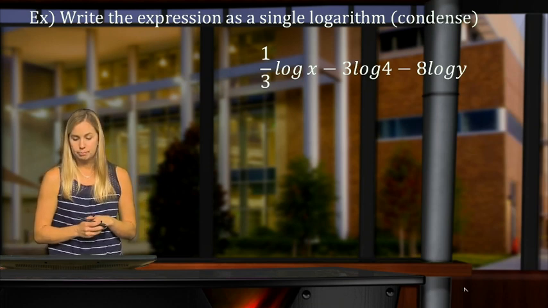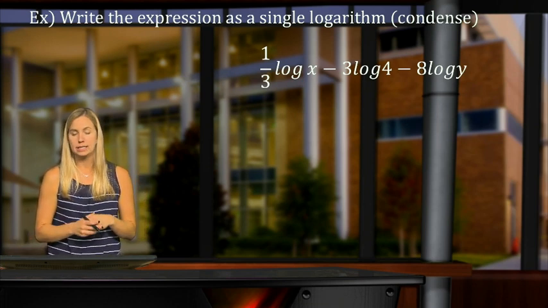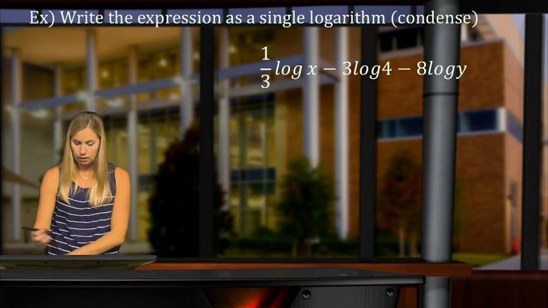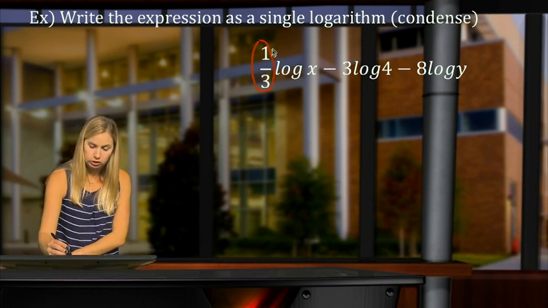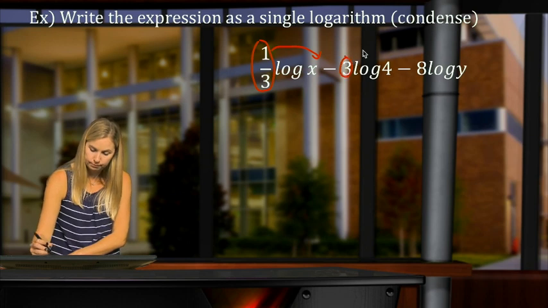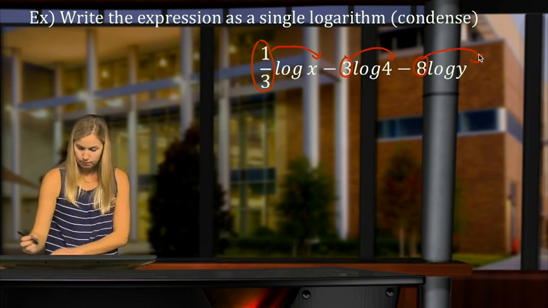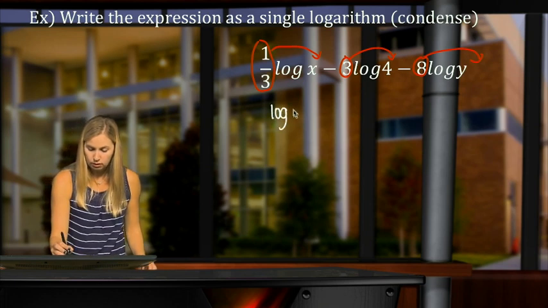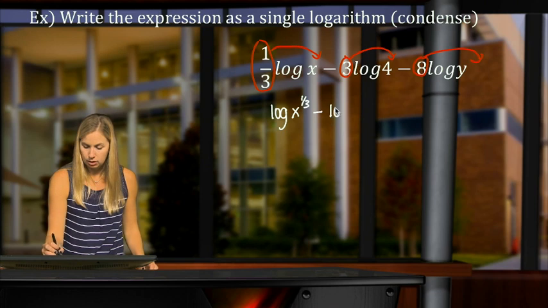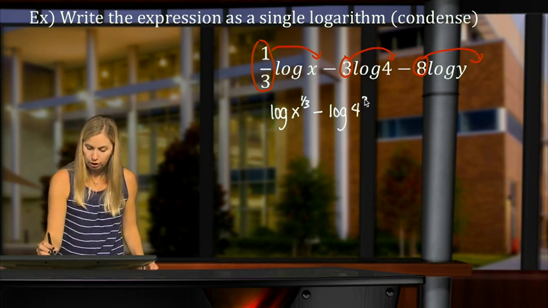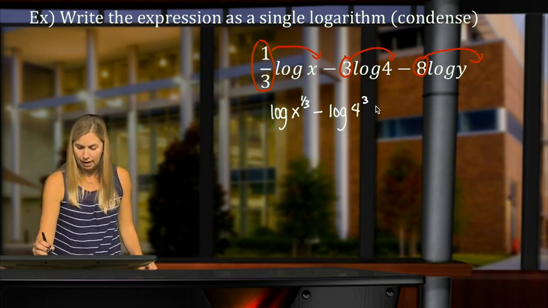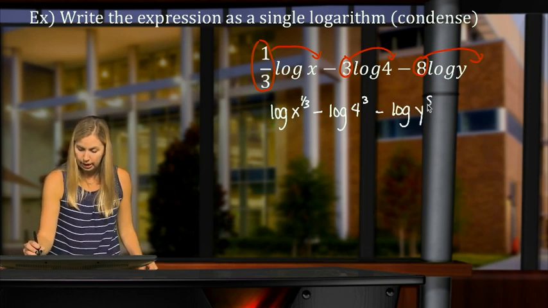One-third log of x minus 3 log of 4 minus 8 log y. Coefficients are first. So we have log of x to the 1/3 power minus log of 4 cubed, which we will eventually simplify, minus log y to the 8th.